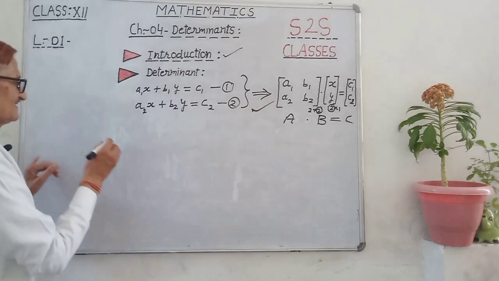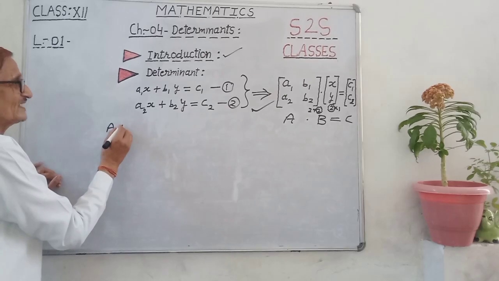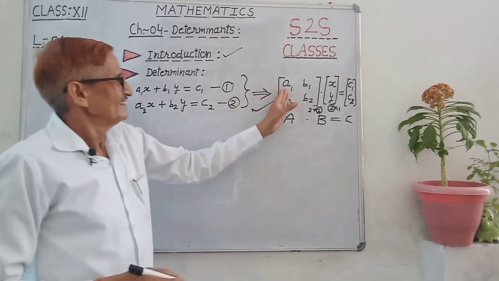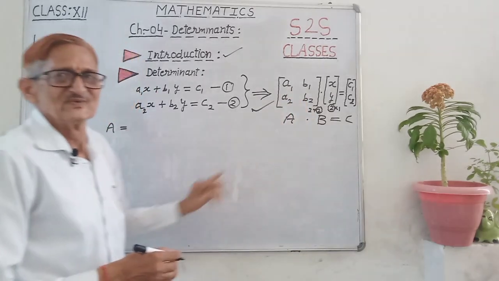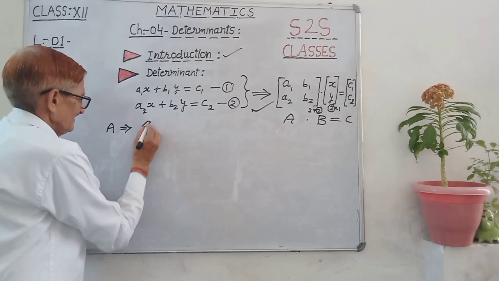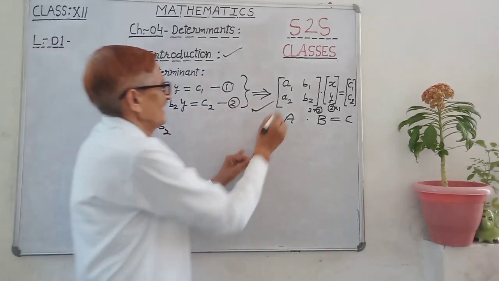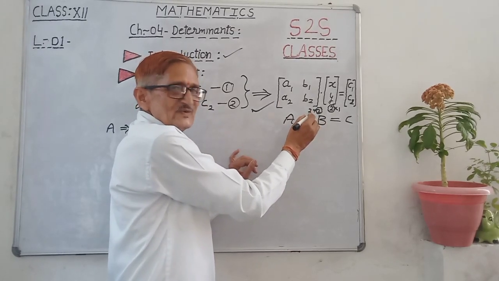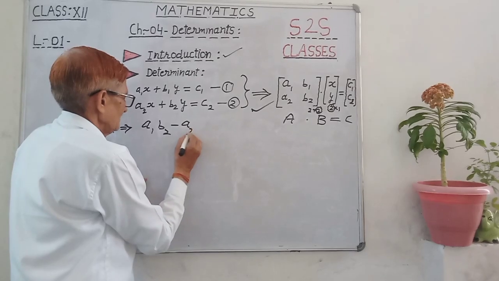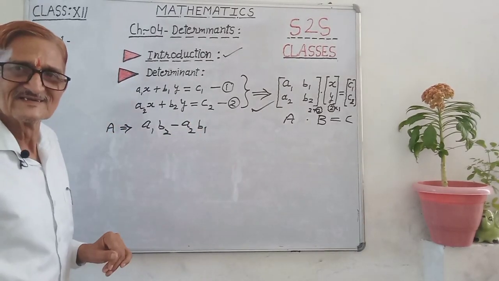Now this matrix A can be written, how? Expand this, a1b2 minus a2b1, cross multiply: a1b2 minus a2b1. Why is this written?